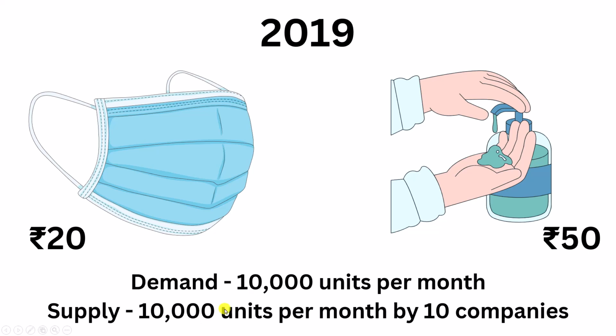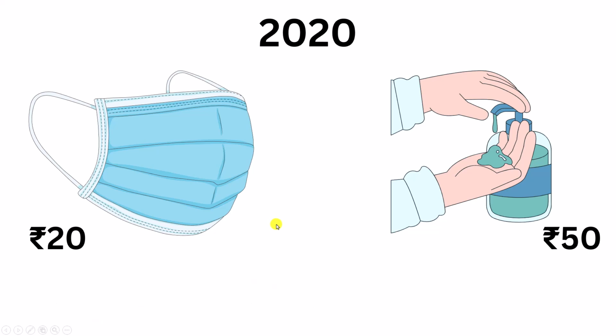Okay? Now, you know what happened in the year 2020. Due to the COVID pandemic, the government made it mandatory for the general public to use face masks and also to use hand sanitizers as much as they can.